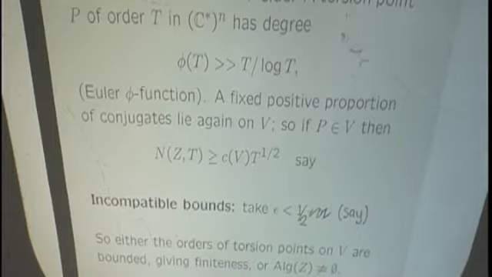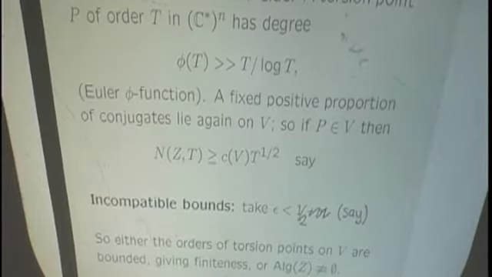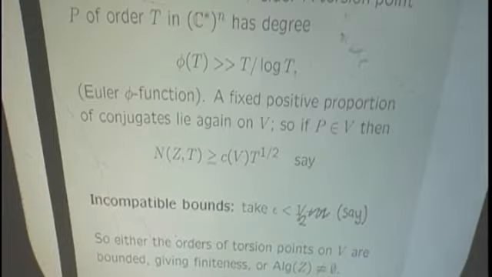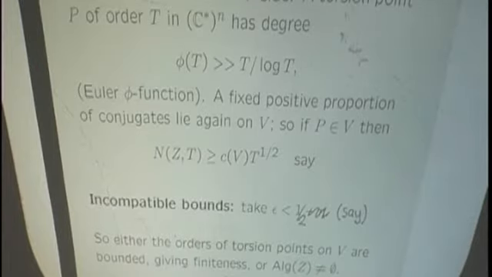So in particular, now, because V is defined over a number field, some fixed proportion of those will lie back on V. So if V contains one such point, P, then it will contain, let's say, at least some constant times t to the half such points. And then this will contradict the upper bound. In the upper bound, we can choose epsilon to be a quarter, say, or anything. So these two bounds contradict each other if t is large.